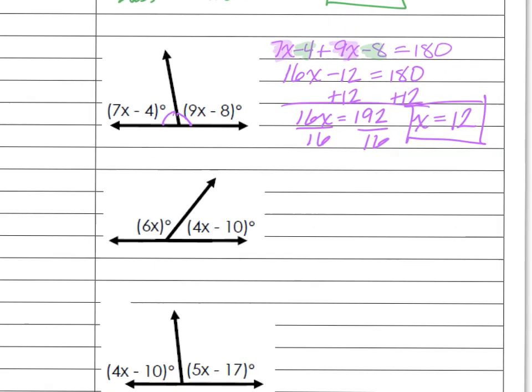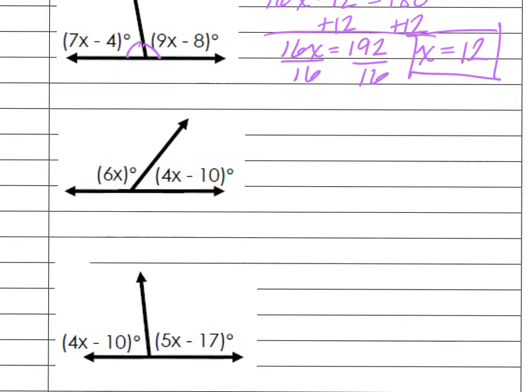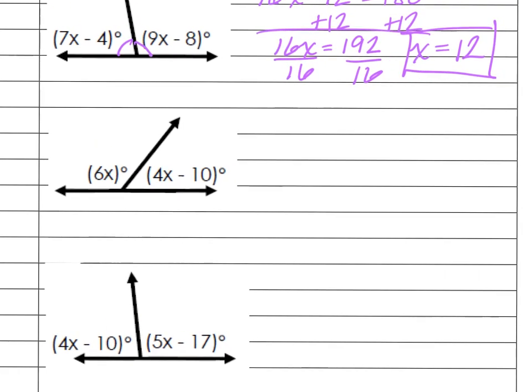Okay, we have a couple more problems. We're going to do the same thing. So I've got 6x plus 4x minus 10 equals 180. My like terms are 6x and 4x. I don't change the sign. They're on the same side of the equal sign, so they're like terms.